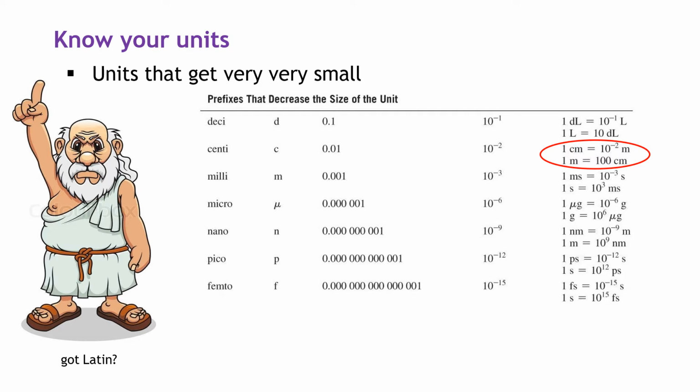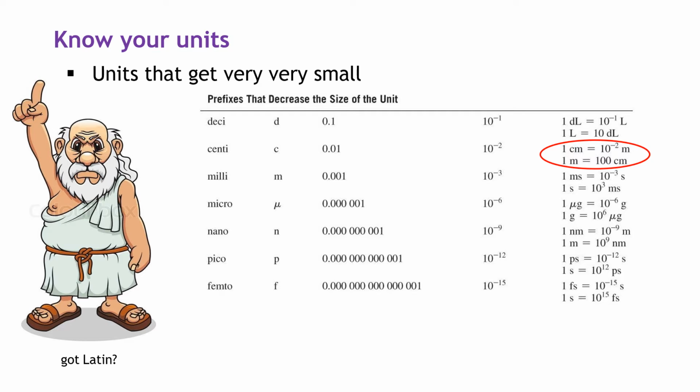If we go on down the line, we see each time 1 millisecond equals 10 to the negative 3rd seconds. Notice up to now we've just been moving up by 1 exponent each time. We make a jump with micro. Micro is getting really small. 1 microgram equals 10 to the negative 6 grams. I'm not even going to try to express that fractionally, but you can see it's getting very, very small.